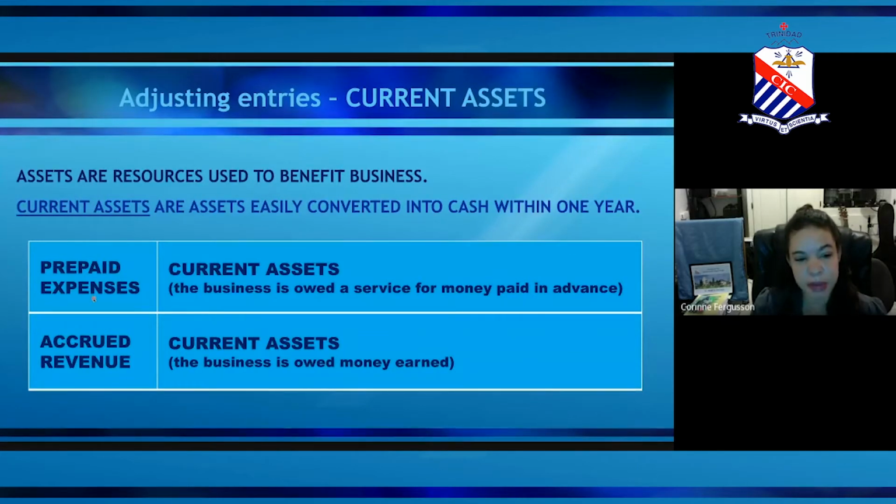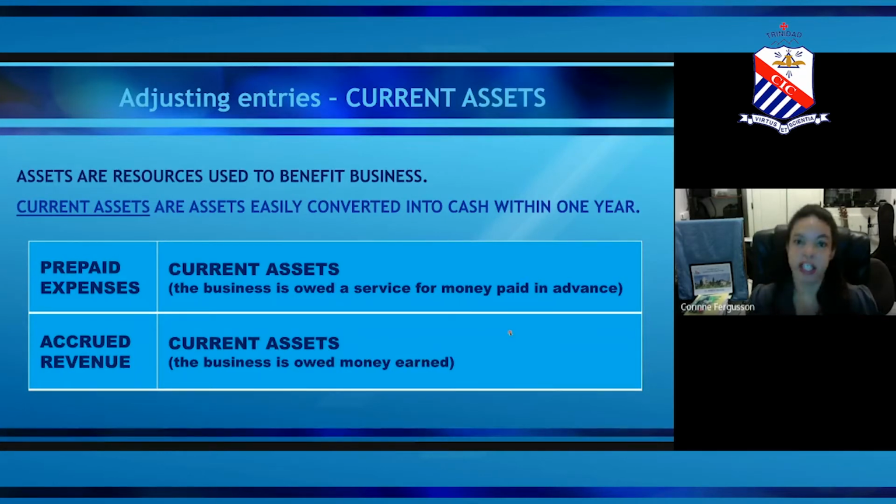But the prepaid expenses are current assets because the business is owed a service for money paid in advance. So you already paid your money for the service. It's an asset to you. You just have not received or incurred that as yet. For accrued revenue, the business is owed money earned.